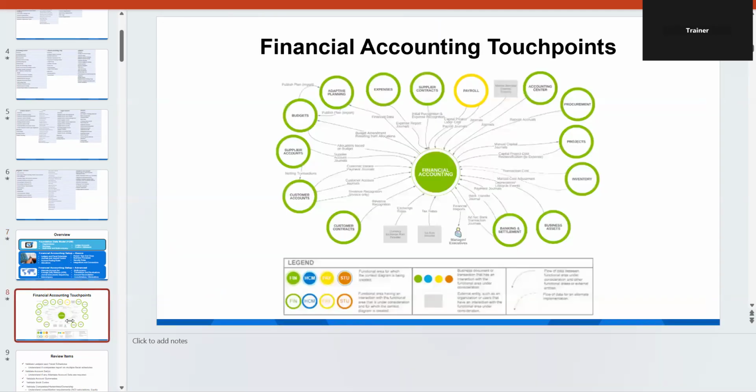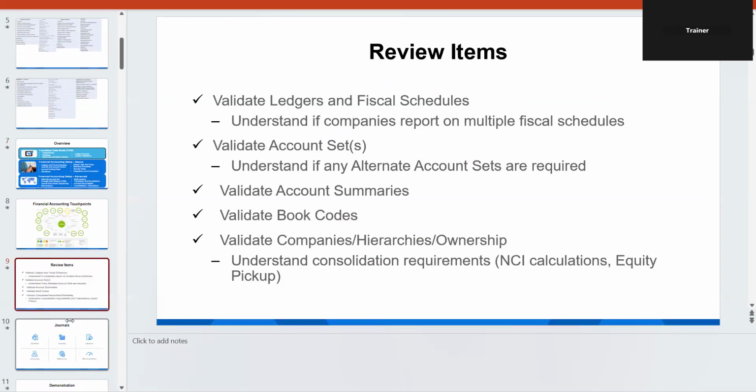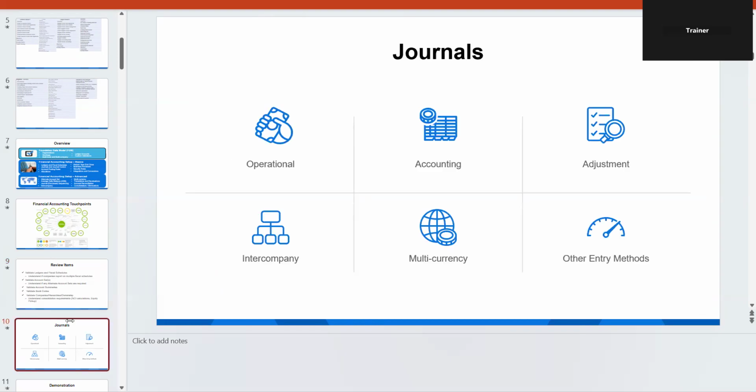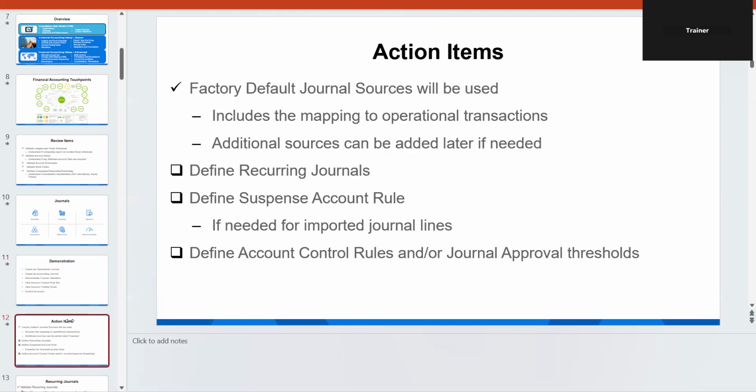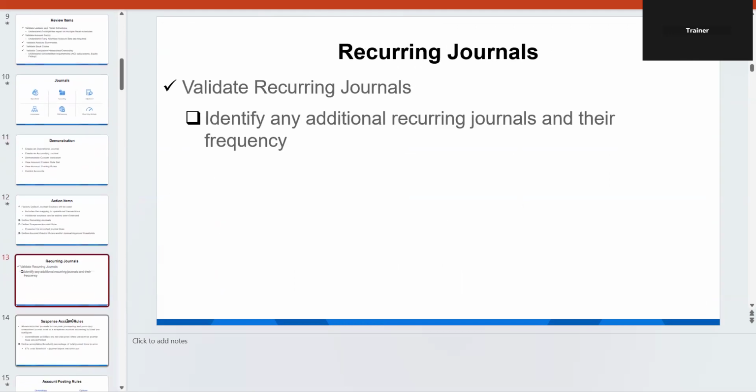You'll start with reviewing and validating the ledgers, fiscal schedule, account set, different kinds of books and so on. Then creating journals, operational journals, accounting journals, and then you have to do all these setups. So you have to set up a company and then do these transactions so that you can generate the financial statements as per financial accounting.